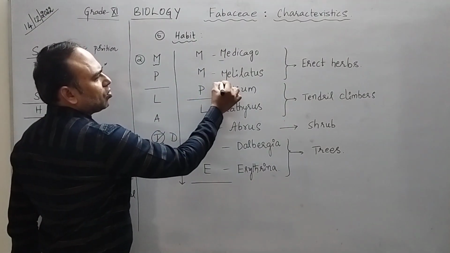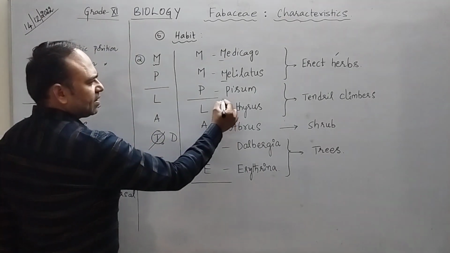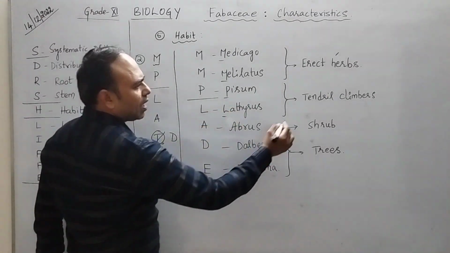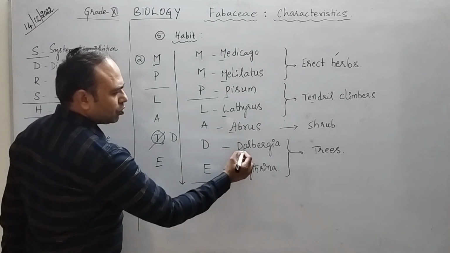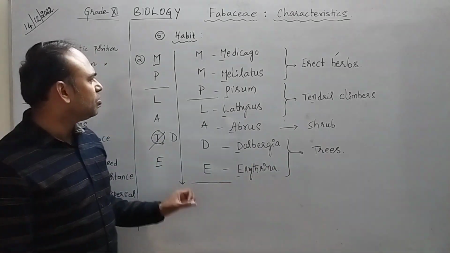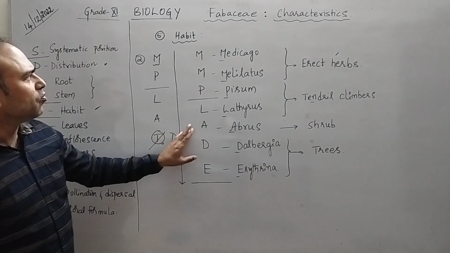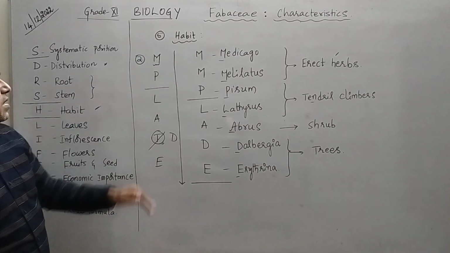Medicago, Melilotus, these two are erect herbs. Next, Pisum, Lathyrus are tendril climbers. Abrus is a shrub, and the last two, Dalbergia sissoo and Erythrina, are trees. So using MP late, we can write the examples exhibiting the habit of Fabaceae.